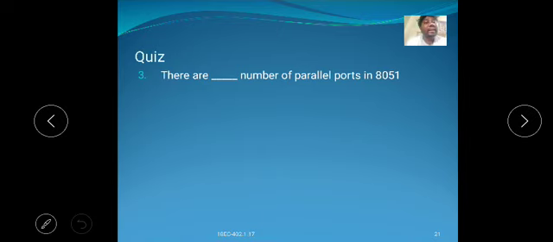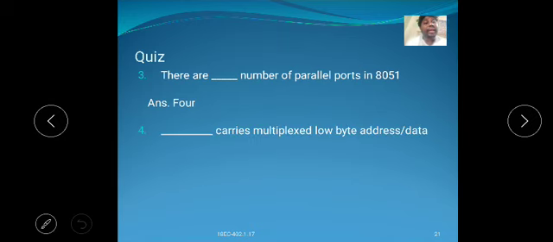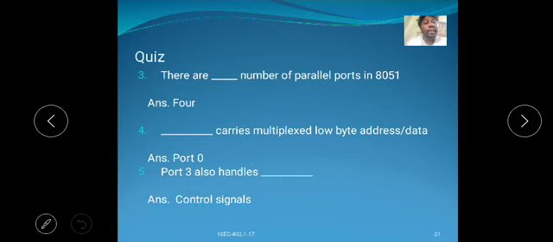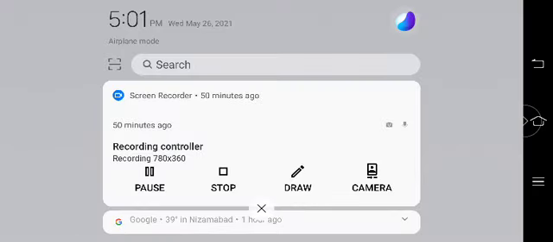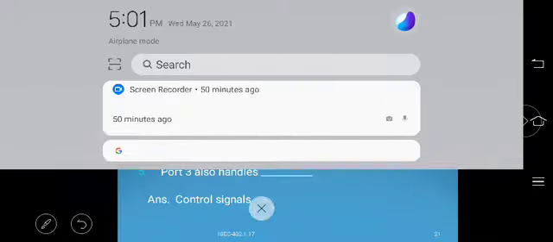There are dash number of parallel ports in the 8051: 4 ports. Dash carries the multiplexed low byte address or data: port 0. Port 3 also handles the control signals.